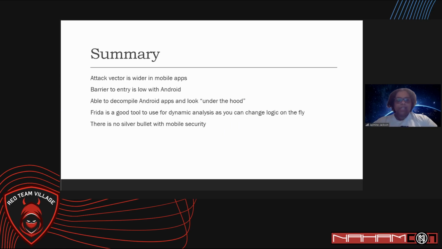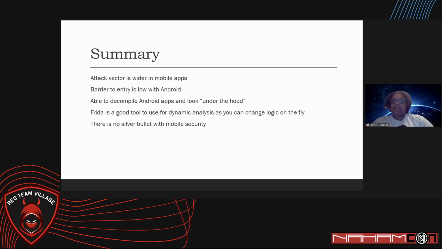So in summary, attack vectors are wider in mobile apps. The barrier to entry is pretty low in Android because it's open source, and you can reverse engineer these apps to look under the hood. As I mentioned before, Frida is a good tool for dynamic analysis because you can change logic on the fly and bypass checks that developers have put in, like, haha, I got you, and it's like, no, bypass that.